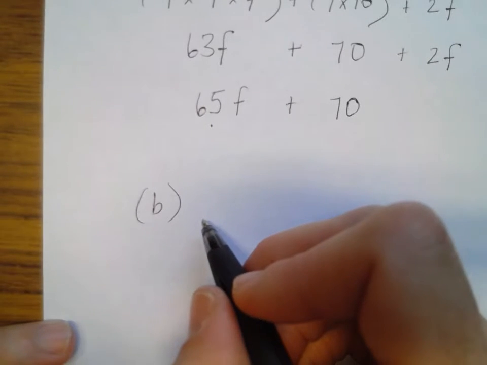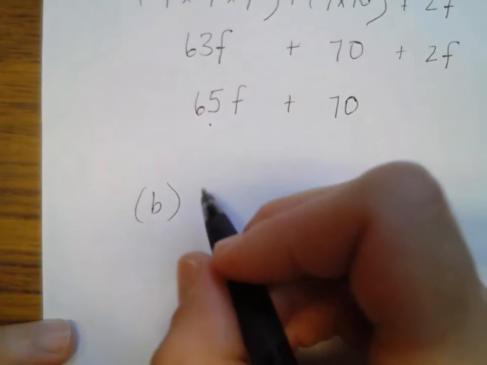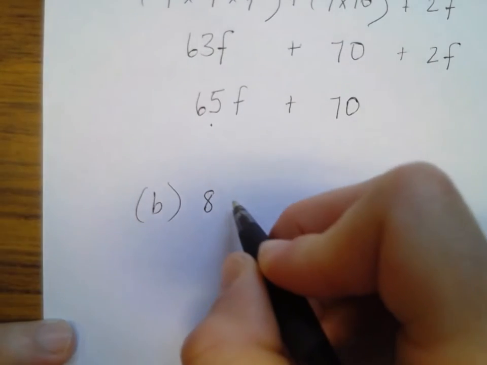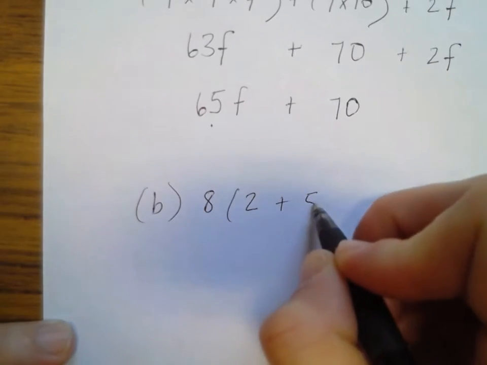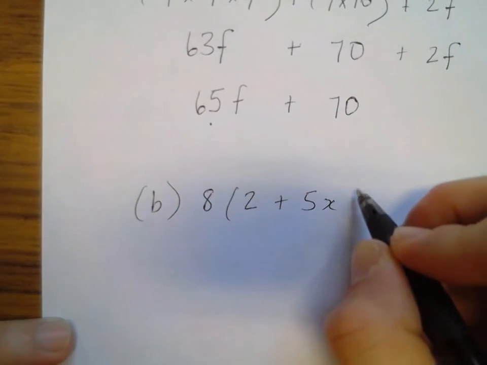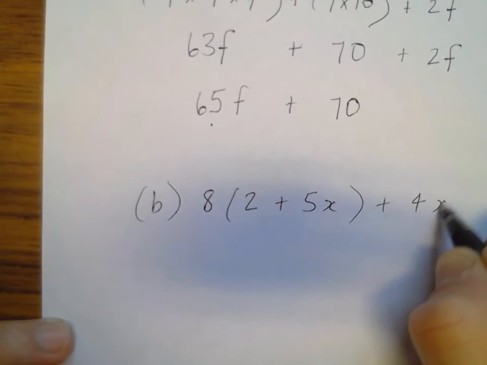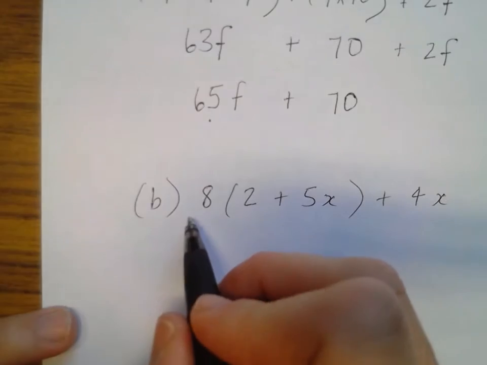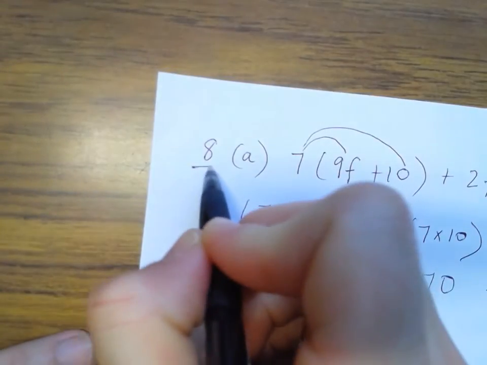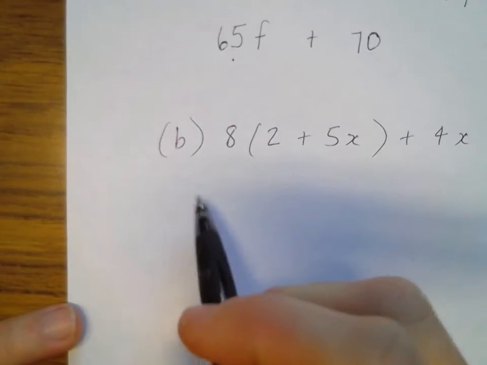Question 8b. They're all pretty similar as I look at them. 8(2 plus 5x) plus 4x. So we're still on page 295. We're looking at question 8b.